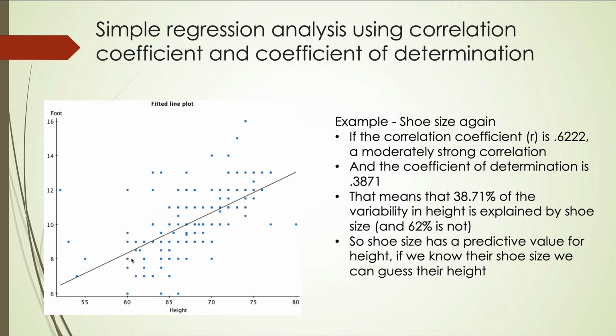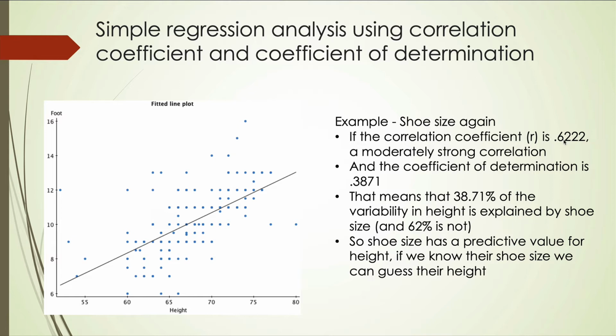When we look at all of those individuals and statistically analyze them and do a correlation coefficient, we can see how closely these two measures are related to one another. The R for the data in this graph, the correlation coefficient, is 0.622. So what does that mean?